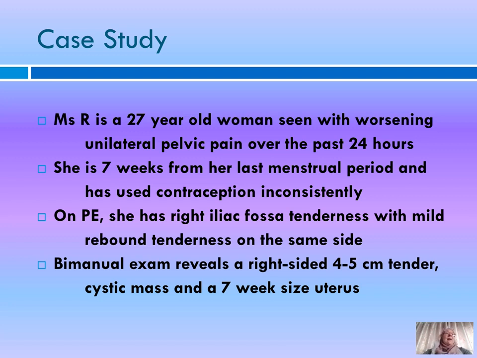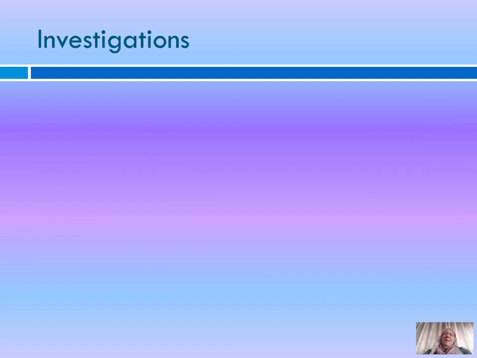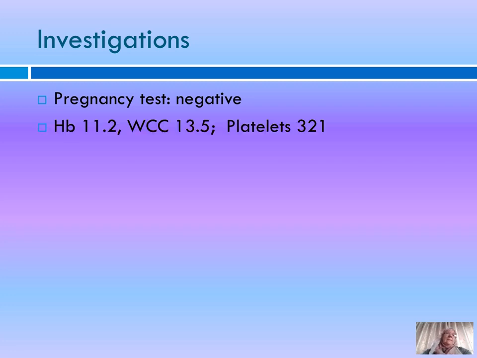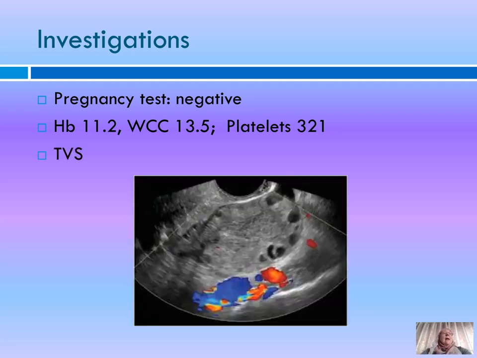Of course, there are several investigations that you can do. So the pregnancy test is negative. The hemoglobin is 11.2. The white cell count is 13.5, and the platelets are 321. And the TVS, of course, is important.